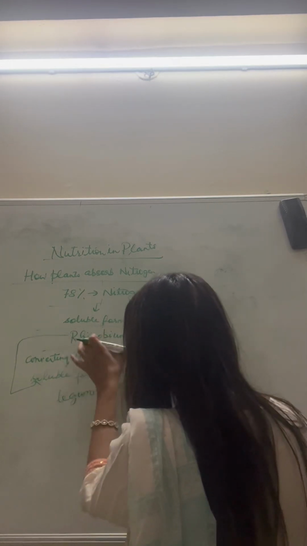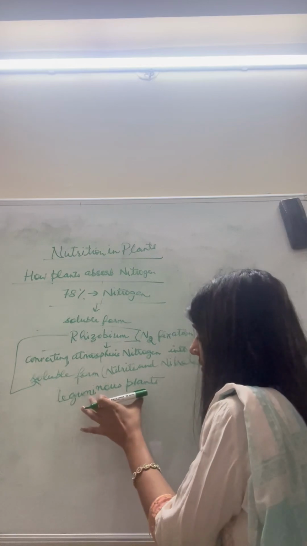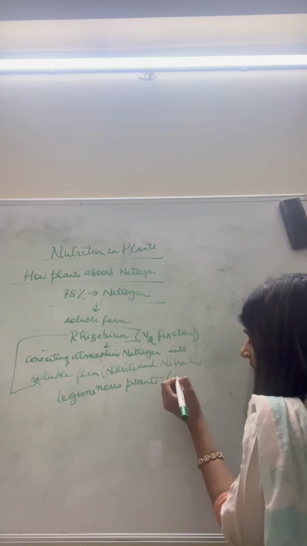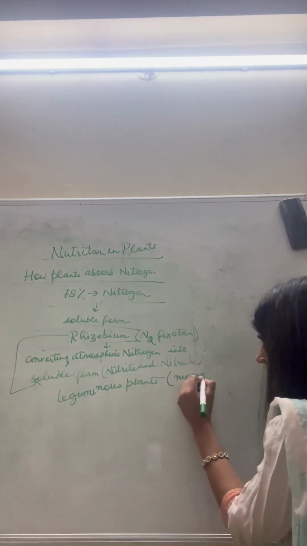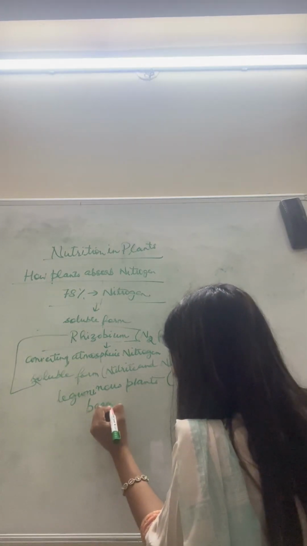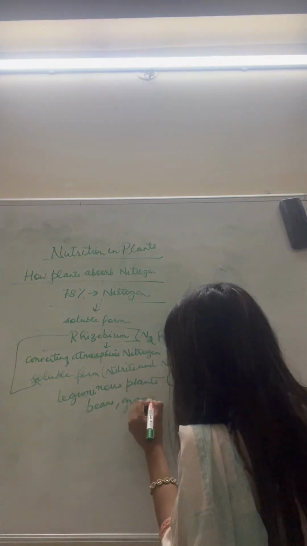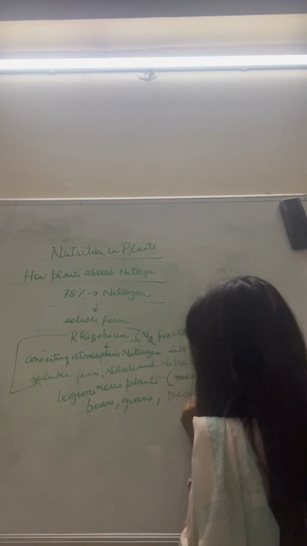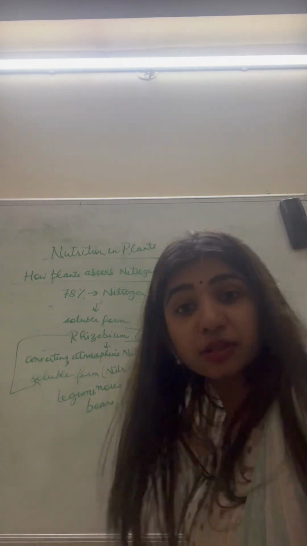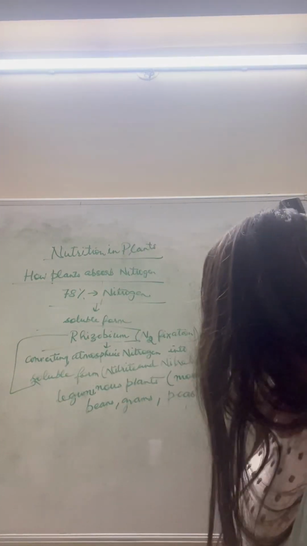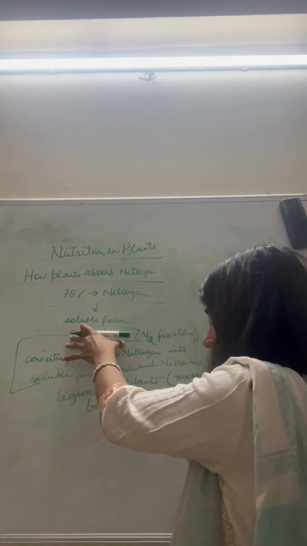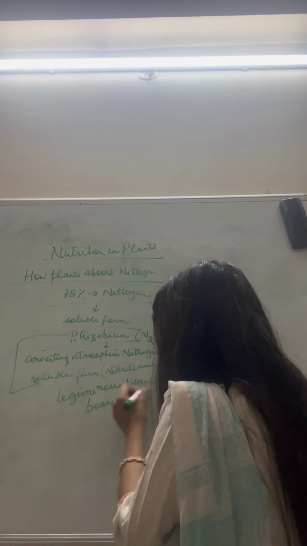So this rhizobium bacteria lives inside the roots of leguminous plants. Examples are moong, beans, grams, peas.